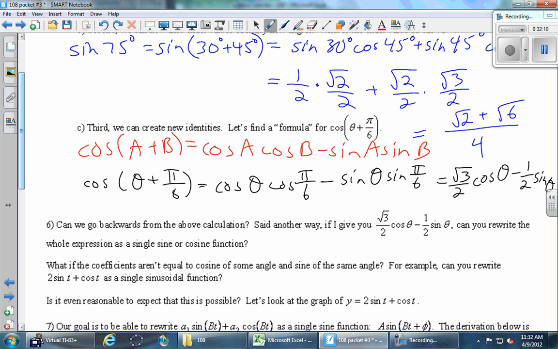Now, if I'm being honest, that way seems more complicated than just the original cosine of theta plus pi over 6. So really, I didn't give you this example to show you a nicer formula. Let's take a look at 6. Emily.